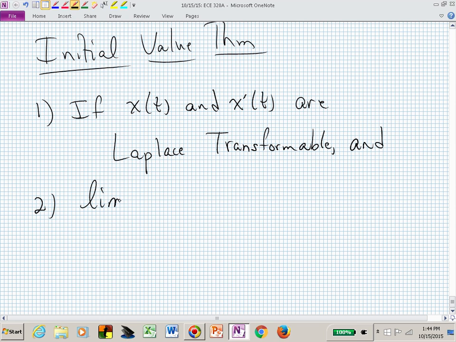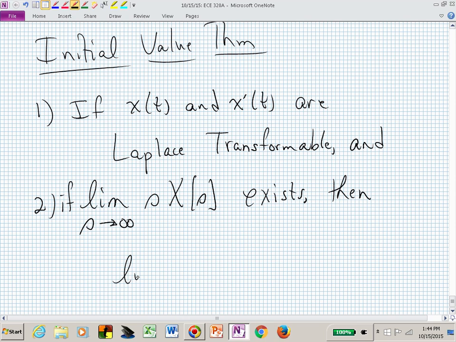I mean, it might be difficult, but it's not as damaging as the last one. Condition 2: if the limit as s goes to infinity of s capital X of s, now we're going to infinity with s and not 0, if that limit exists, then we can just use it.